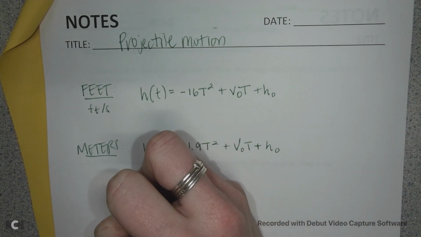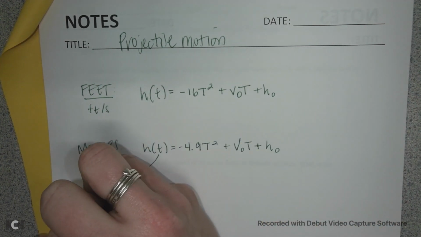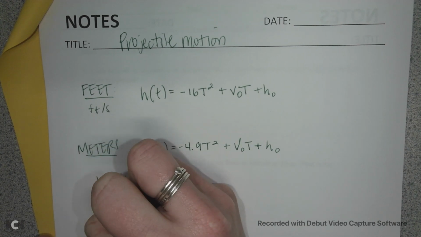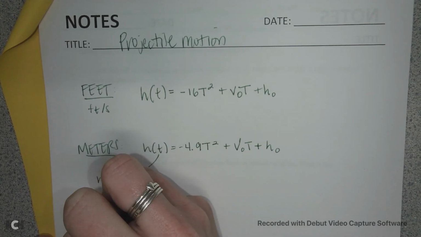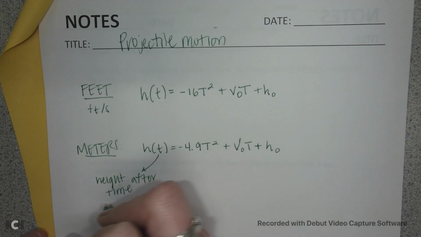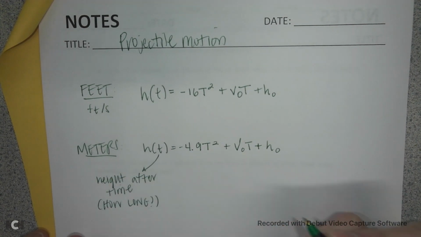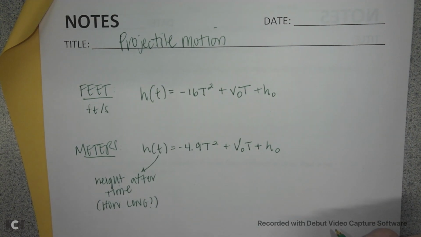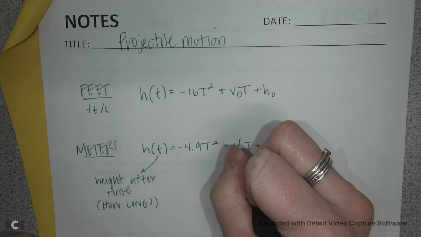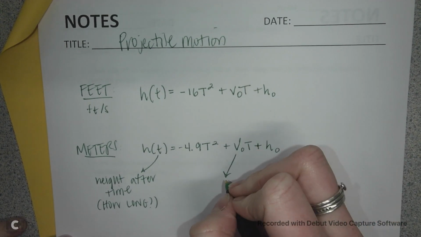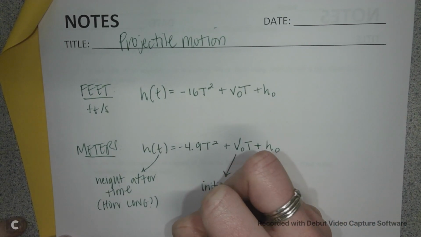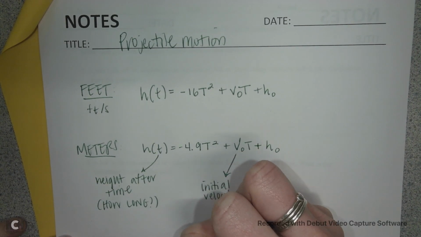Anyways, okay, this t is your height after time. So like how long? That's the question you're using for that guy. And then this v sub 0 or v naught is your initial velocity.